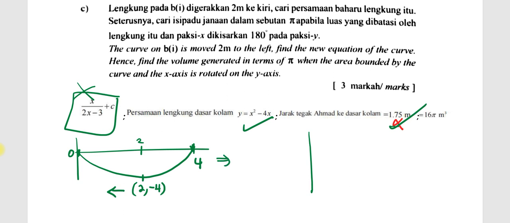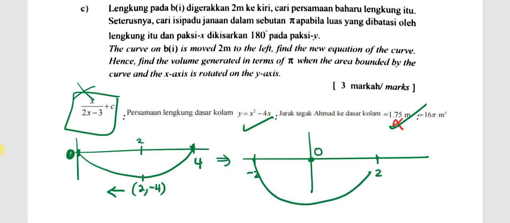This 0 minus 2 meter to the left becomes negative 2. Correct? 0 minus 2 is negative 2, 2 minus 2 is 0, and 4 minus 2 is 2. So it shifts in this way.